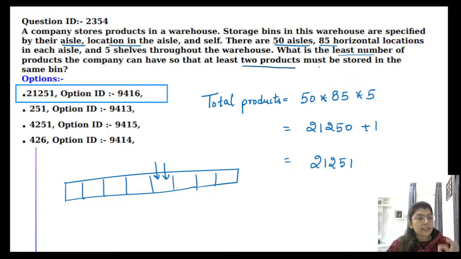They have clearly mentioned that you have to find the least number of products the company can have so that at least two products are stored in the same bin. So the least possible is 21251 products.